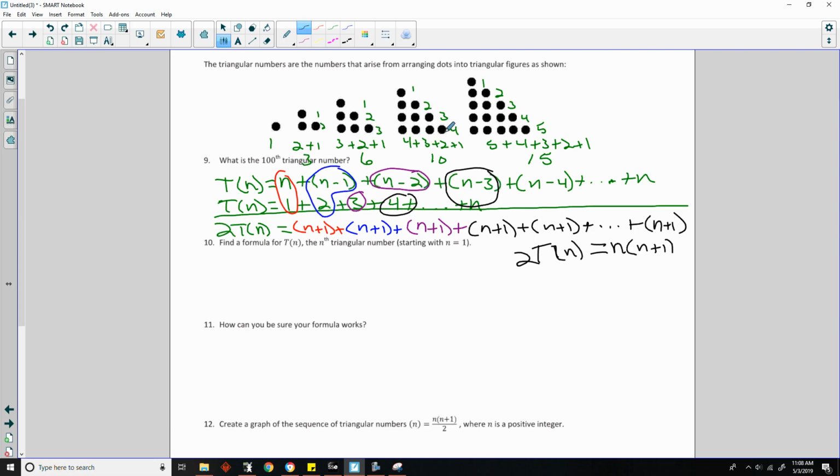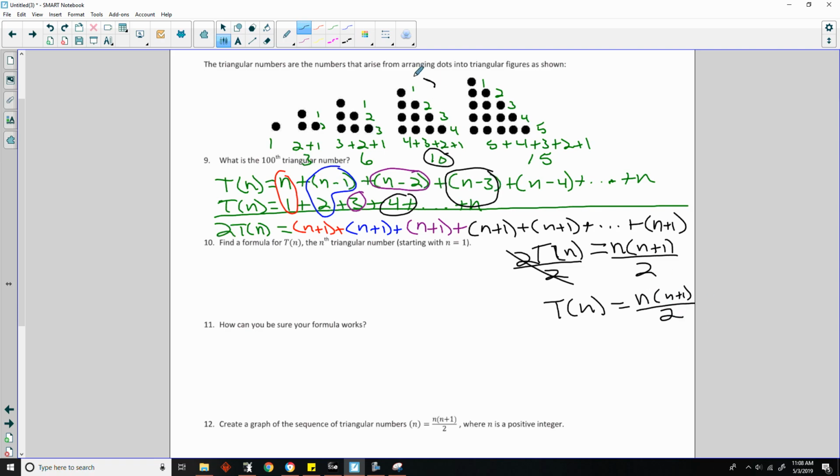So if it was 4, then 2T of N would be 4 times 4 plus 1, which is 4 times 5, which is 20. But there's only 10 in that one. So if I divide this now by 2, then I get my triangle T of N equals N times N plus 1 divided by 2.